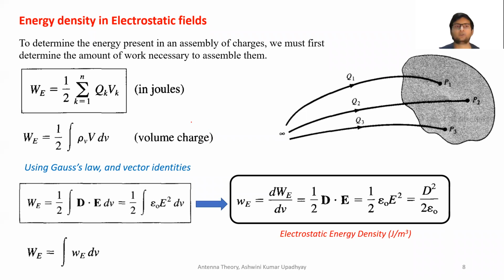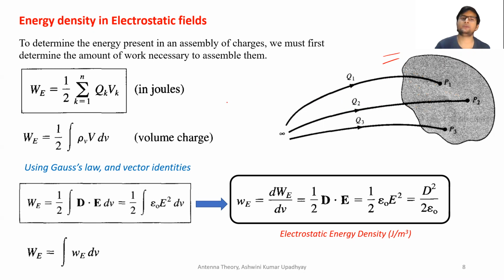Now let us talk about the energy density in a system of multiple charges which are placed at particular points, right? So suppose we have some k number of charges which are placed in a particular volume at different points.